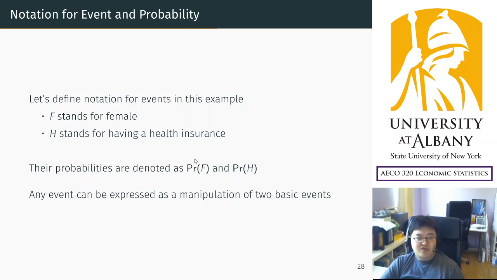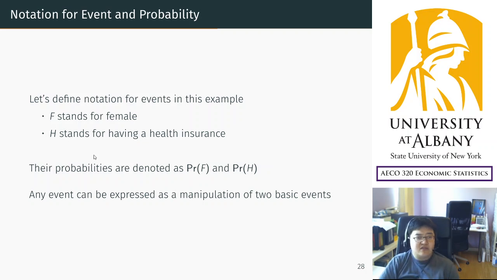So you can understand it as a function: probability of F, probability of H. And what we are going to see from now on is that even if we have multiple variables, these two basic events are enough to express any kind of event in our example. If you manipulate these two events, then you can make up more complicated or new events.